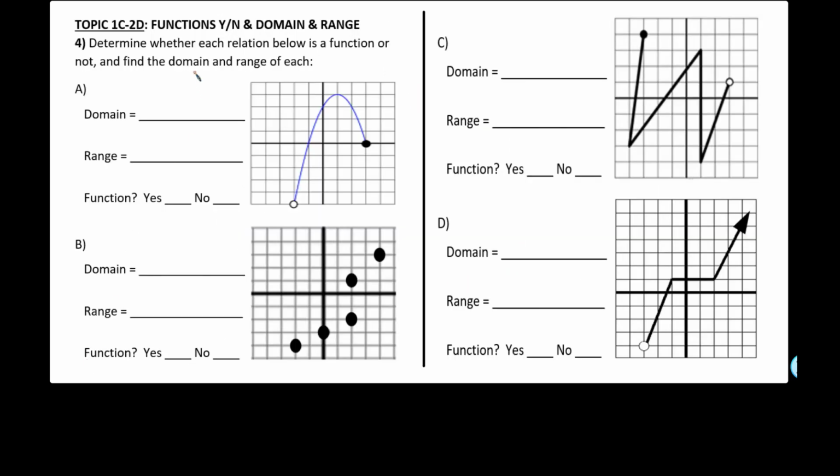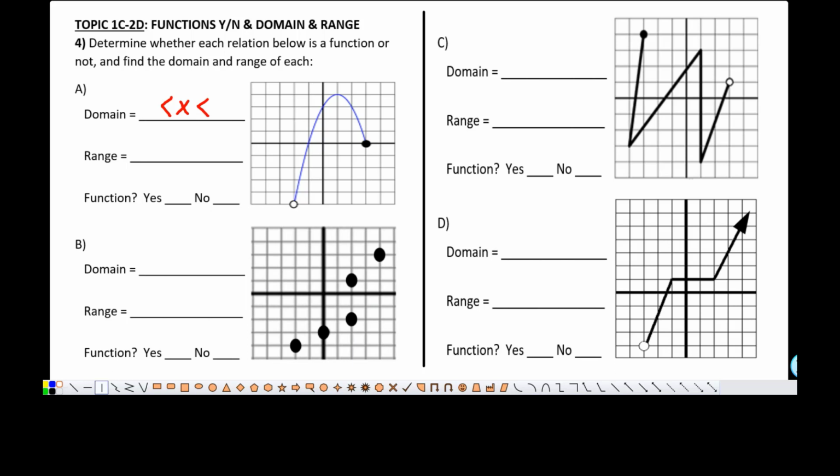Next problem is to determine the domain and range, and is it a function, yes or no? So the domain, because I have a line, I'm going to do the setup. And if you remember, when you do domain, you want to look for the x values, and you want to use your pencil as a ruler.